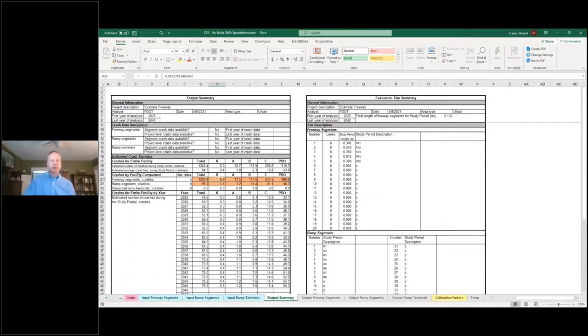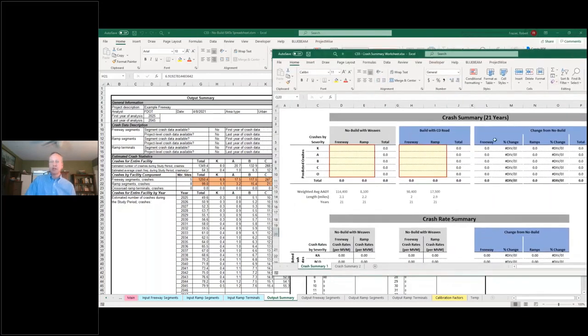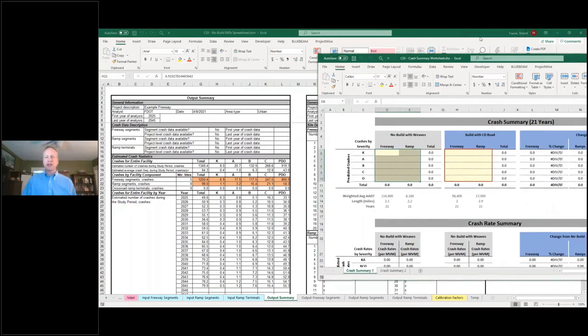But back up to the summary totals, that's where we want to be right now, and we want to pull over to the crash summary workbook. I've got a place for you to put the 10 numbers right here. You do need to transpose them, so they're rows, and you're going to need to make them into columns, so you can enter them however is your preference.